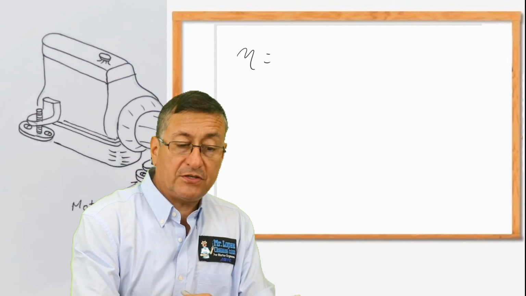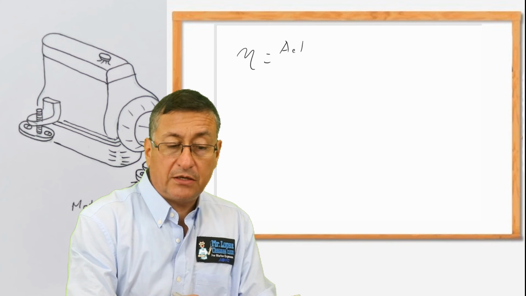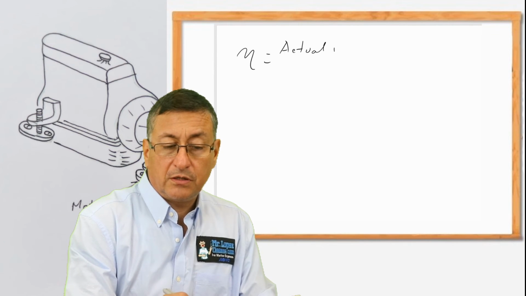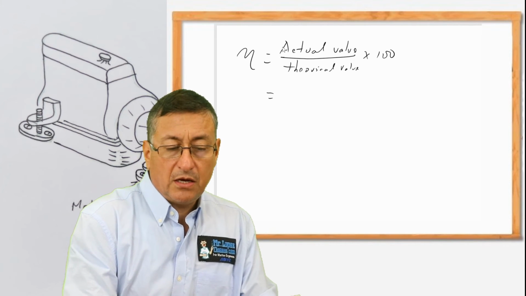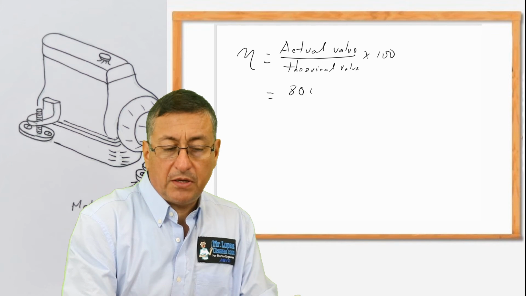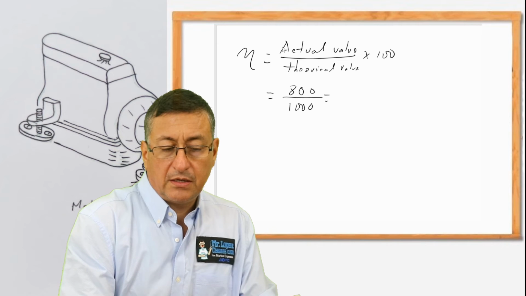Efficiency is the actual value divided by the theoretical value times 100. The actual that you have on the table is 800, the theoretical is 1000, times 100.